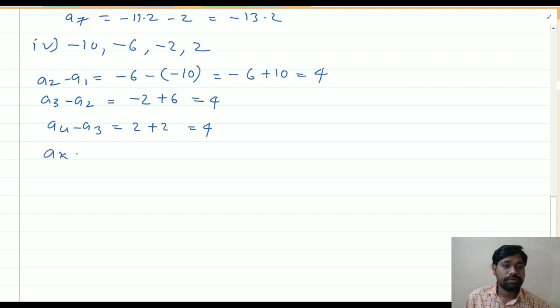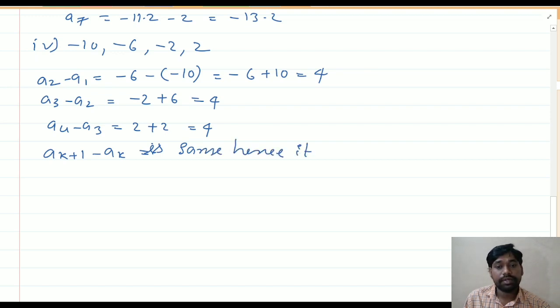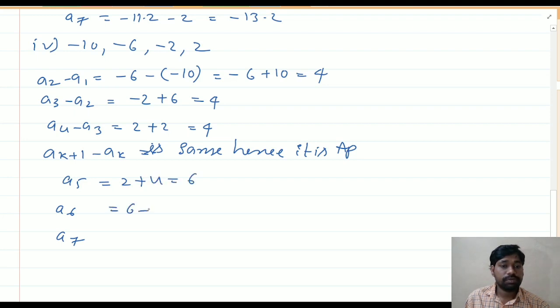So A(k+1) minus A(k) is the same, right? Hence it is an AP. Then A5, A6, A7 we have to write. So 2 is the last term, 2 plus 4 is 6, 6 plus 4 is 10, 10 plus 4 is 14.